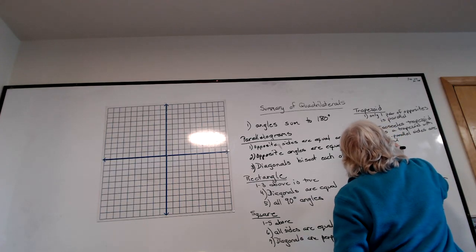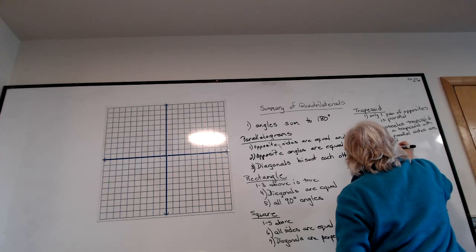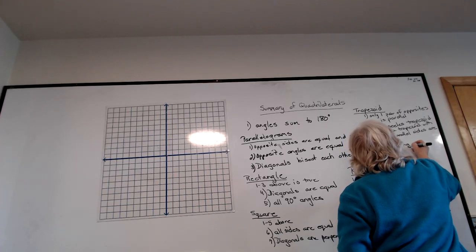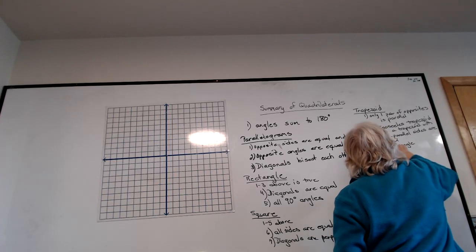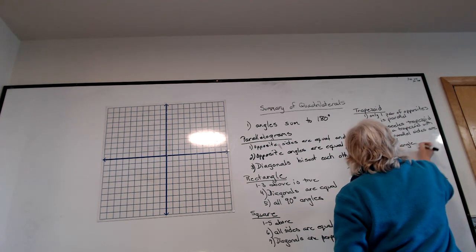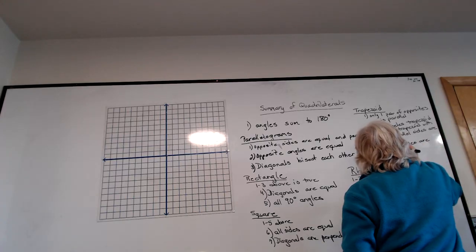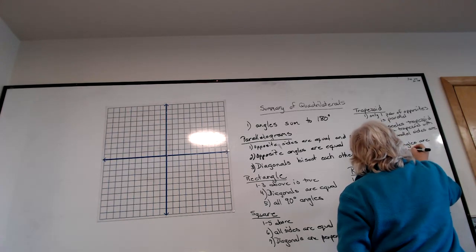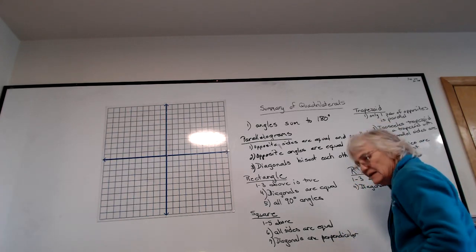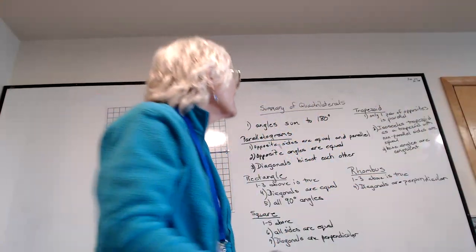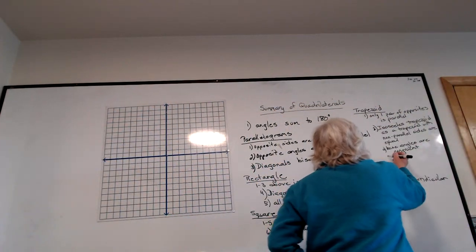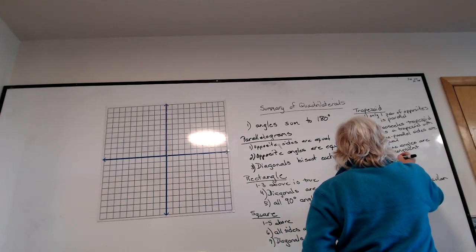Okay, if that's true, then the base angles, actually this kind of is 2A, the base angles are congruent. Okay. So that's some of the things that you can look at with an isosceles trapezoid. And the diagonals of an isosceles trapezoid, the diagonals are equal.